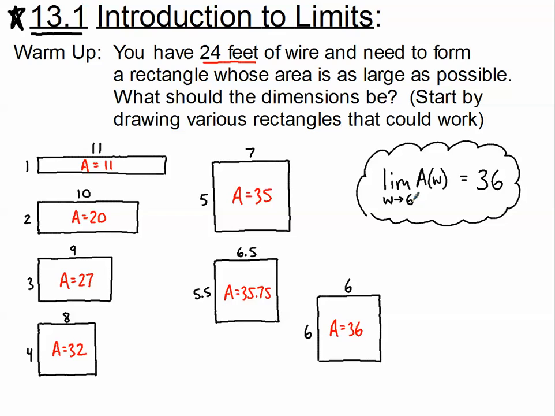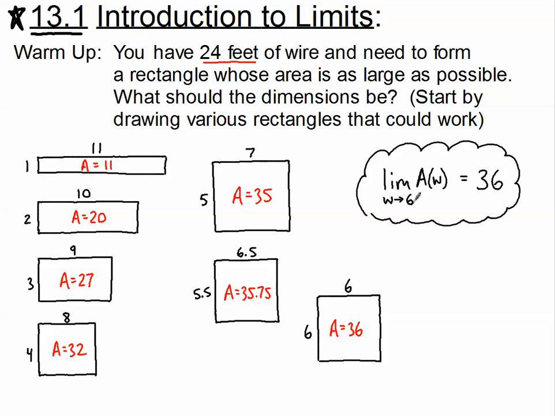Okay, so if we go to the tiniest of our widths, which was the 1, we get the tiniest of our areas. If we start to increase our width from 1 to 2 to 3 to 4 to 5 to 5.5 to 6, you can see that the areas are growing on their way to 36.